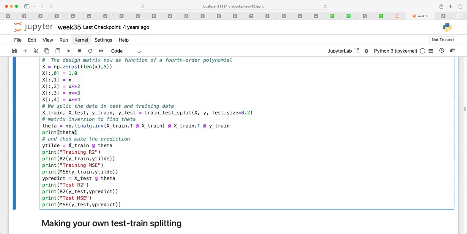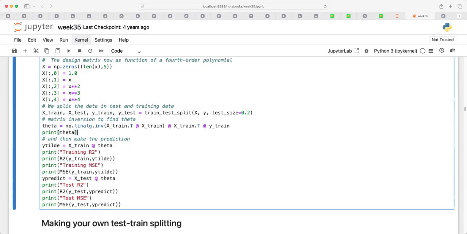Because I have the optimal values theta, I can use them to generate a prediction for training, but also a prediction for the data in the test set, which was not included in training. This is X test times theta.